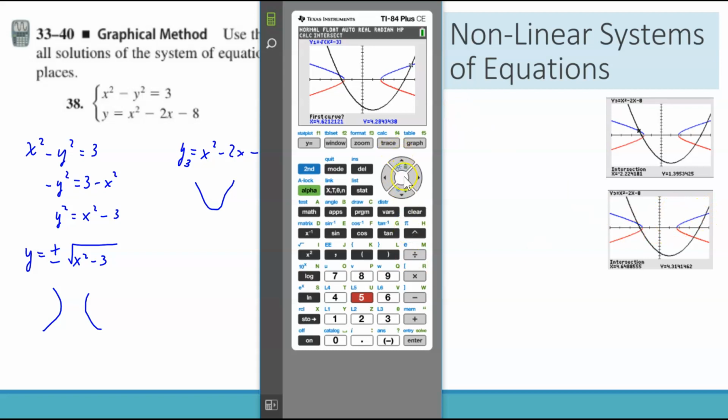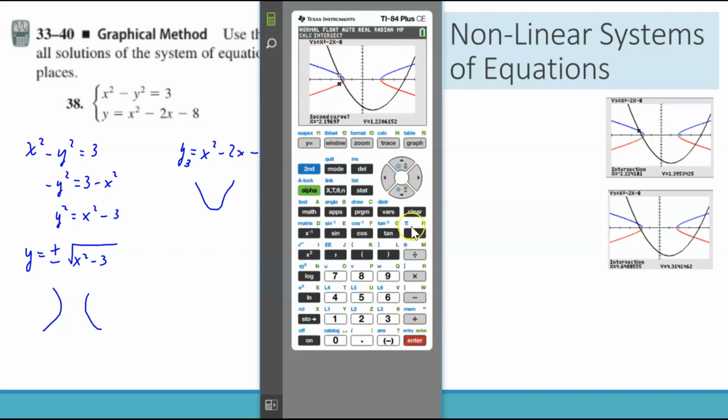Okay, so let's go with another one. Okay, so we don't want that one. So let's see. I want to go up arrow. There we go. I want to be on this bottom curve and the parabola. There's the bottom curve.